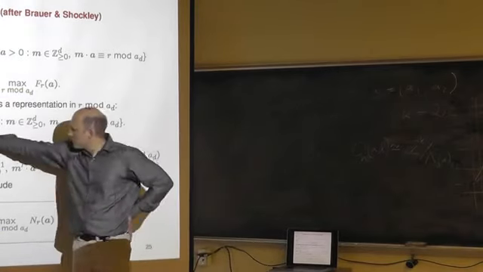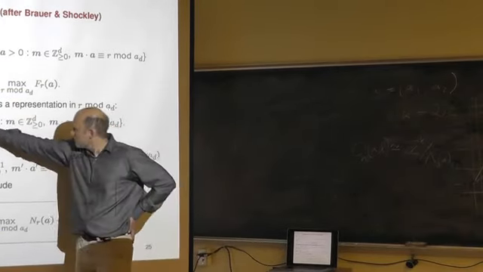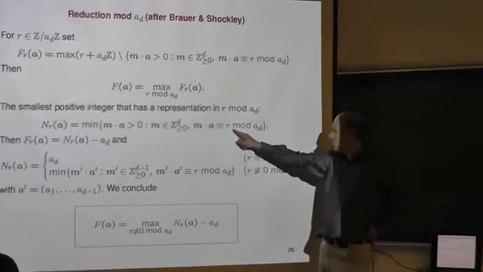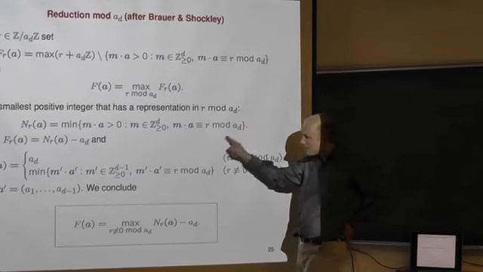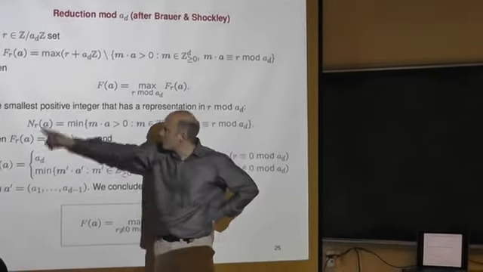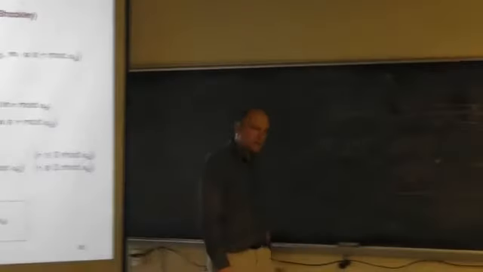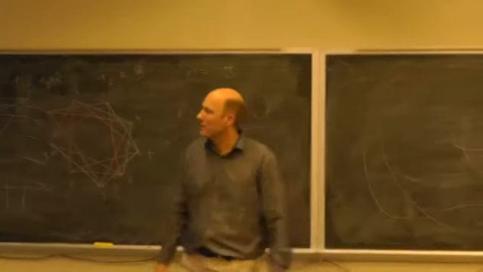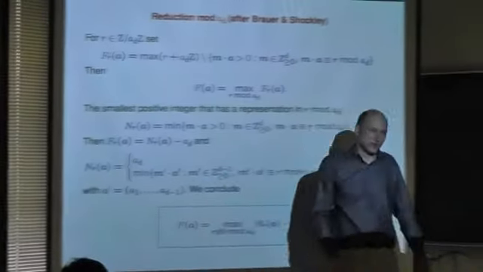The smallest integer that has a representation congruent to R modulo AD, and then you can convince yourself that this FR is equal to NR minus AD. Right? Because you just need to drop by AD here to get this.